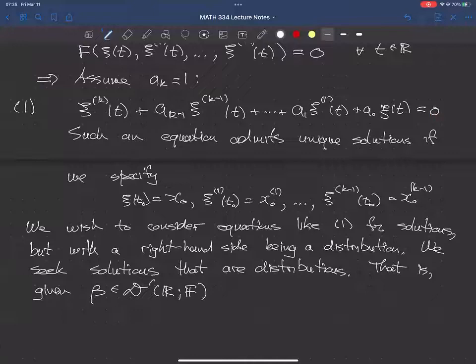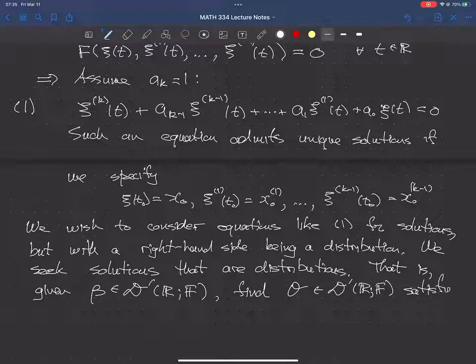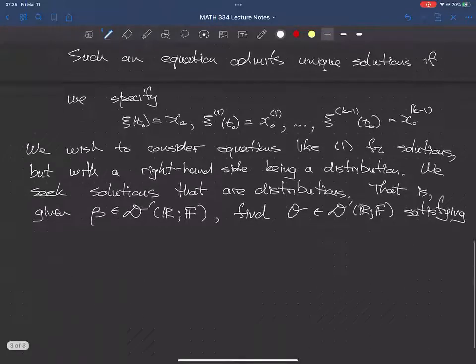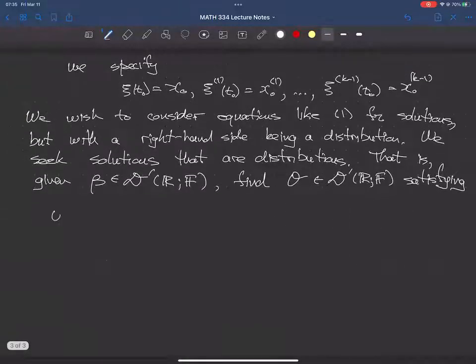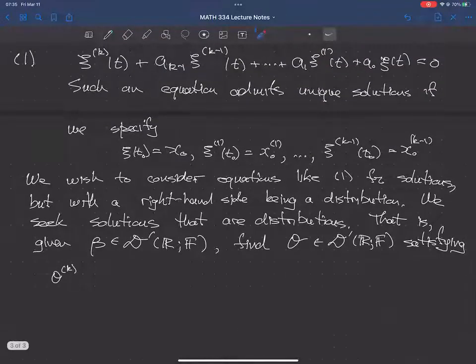I want to find a solution, theta, in distributions that satisfies the same differential equation, but now with theta in place of c. Okay, so I certainly don't want to write theta of t.